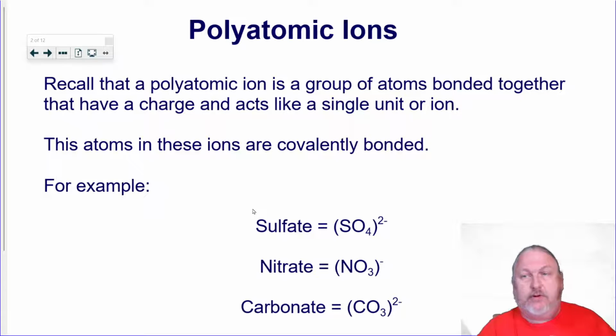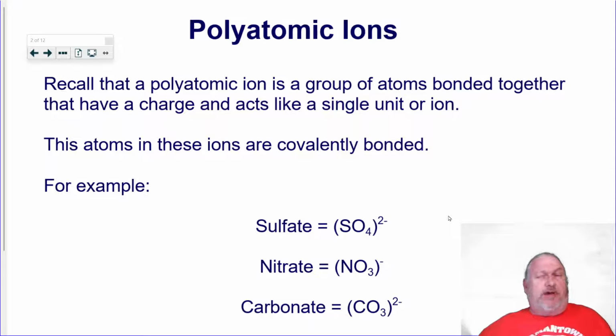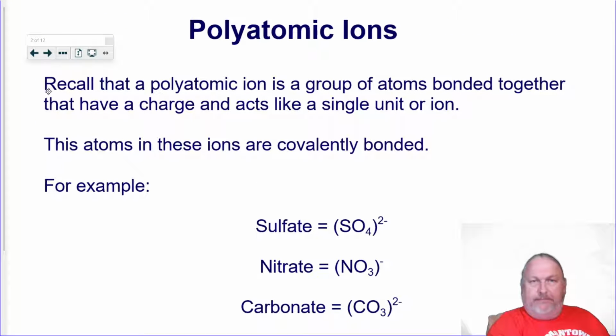A polyatomic ion is a discrete group of atoms bonded together that have a charge, and they act like a single formula unit or an ion. These atoms are bonded together covalently. Some examples: sulfate, nitrate, carbonate. You should remember those.